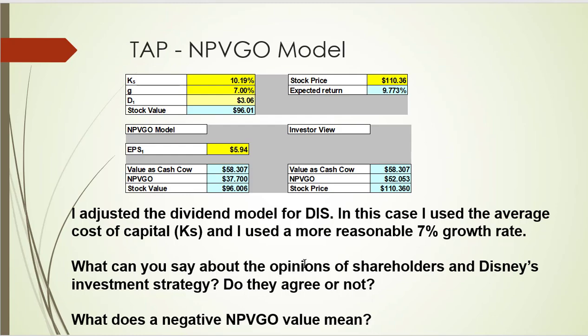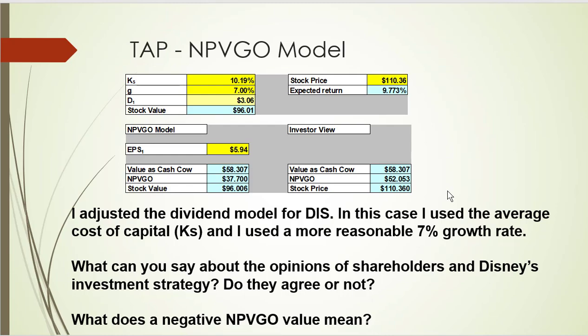So for Disney, the way I did this, I changed the cost of capital. I used the average of the two cost of capitals that were provided in the model. So that's 10.19%. I also used a more reasonable growth rate of 7%.